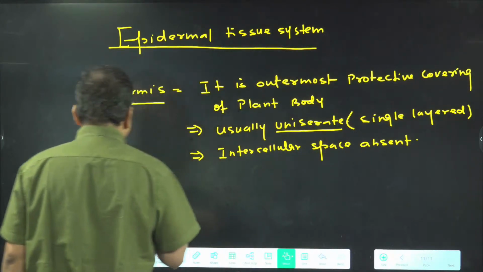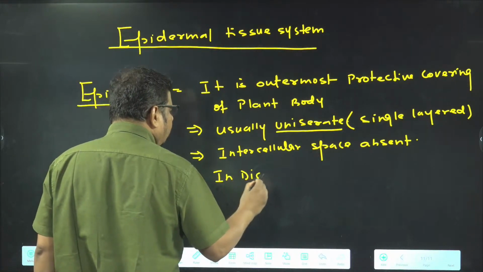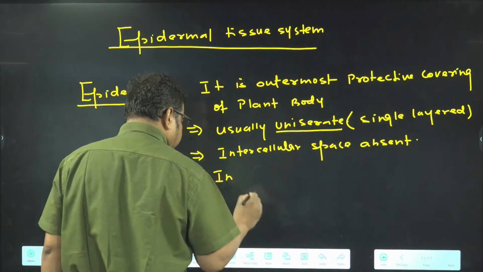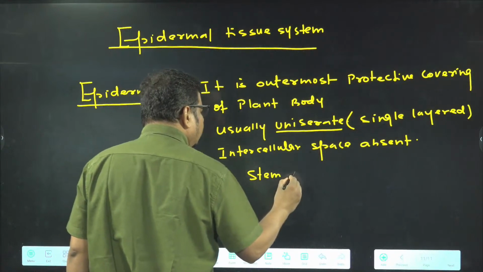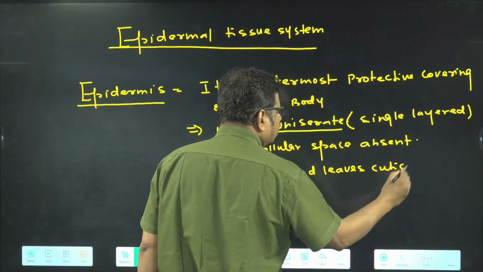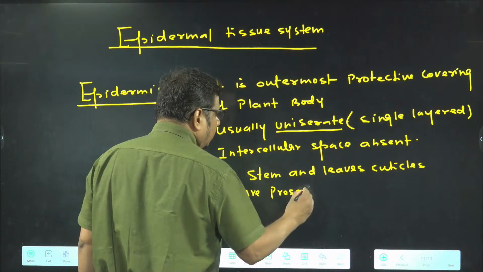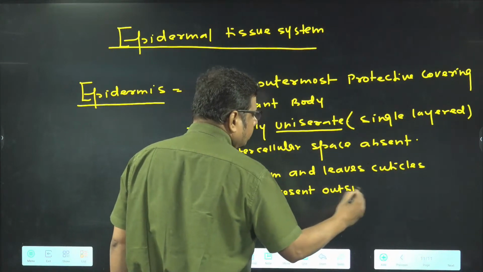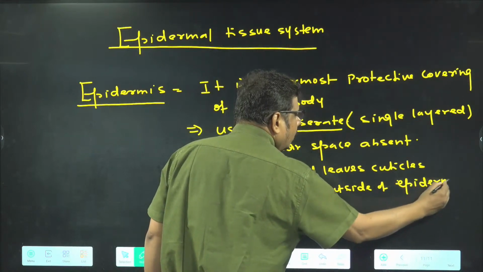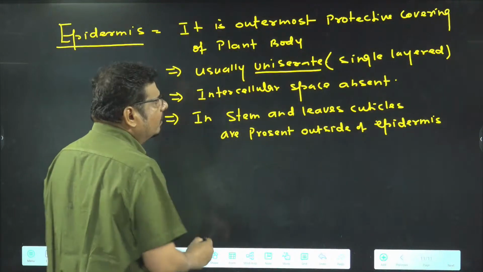Now, if you talk about stem and leaves, cuticles are present outside of epidermis. Cuticularization is there. And this cuticle is what basically?